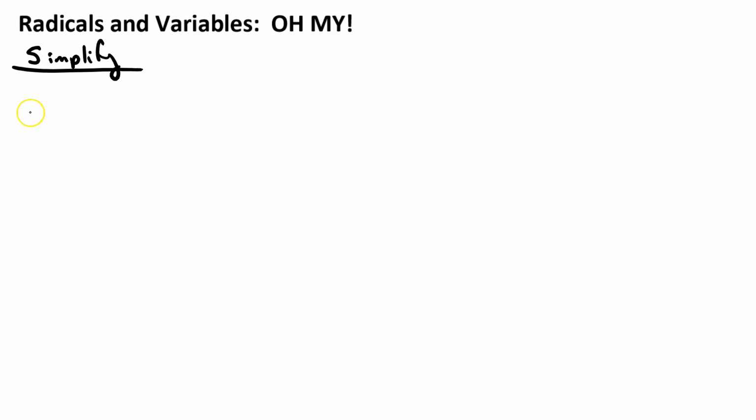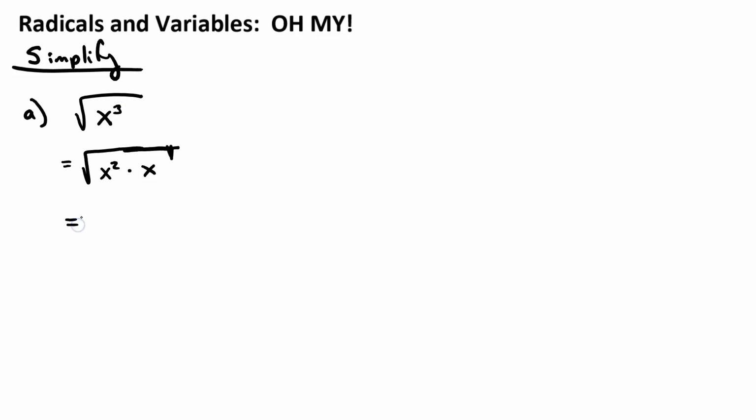If I give you something like the square root of x to the power of 3, what I want you to first do is get it into digestible chunks. So I would say the square root of x squared times x, because using our exponent laws, x squared times x is x cubed.